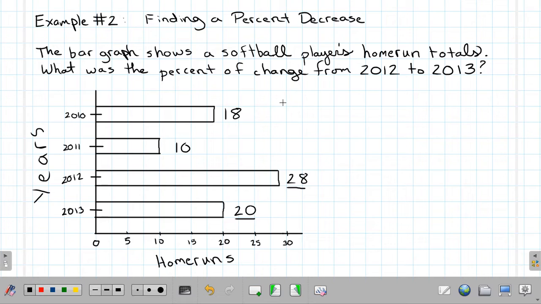The first thing you probably want to do is write down your formula. Percent change is equal to change over original.